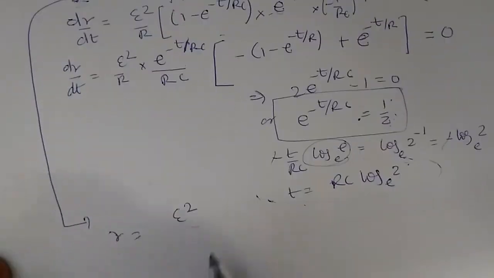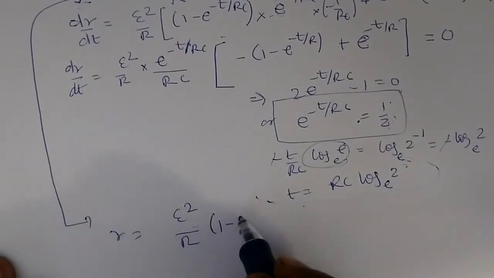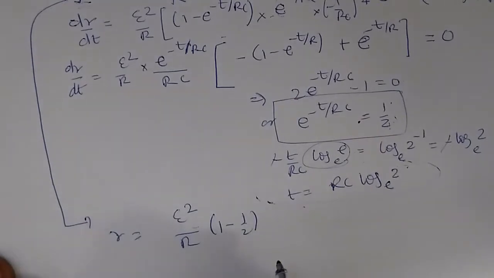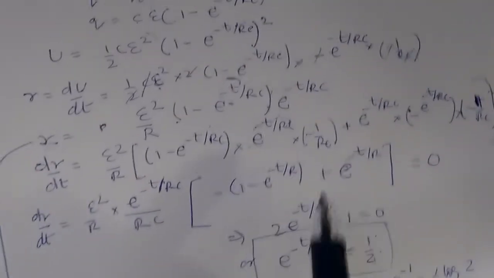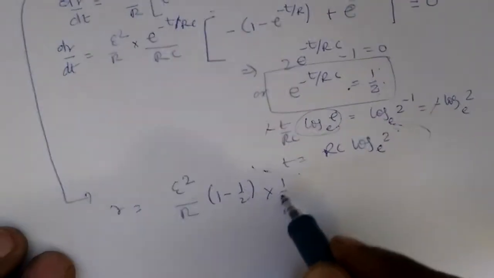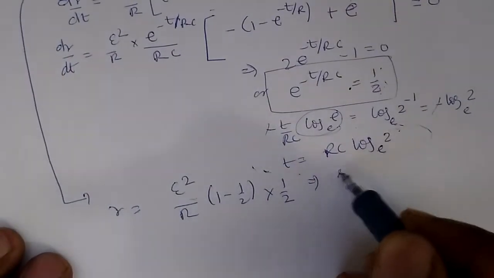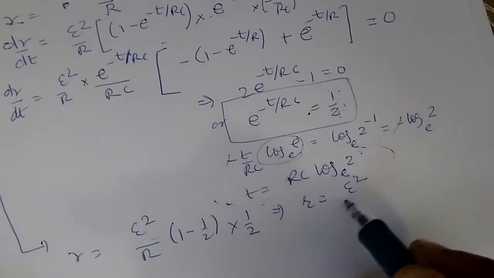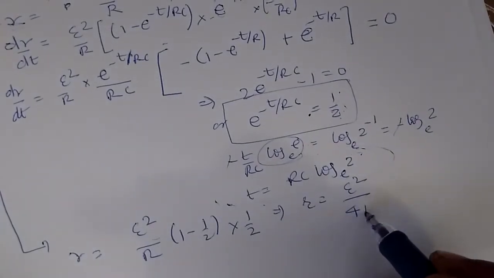So E squared by R multiplied by 1 minus 1 upon 2, multiplied by e to the power minus t by RC, which is 1 by 2, so keep it 1 by 2. So this implies R is equal to E squared divided by 4R.